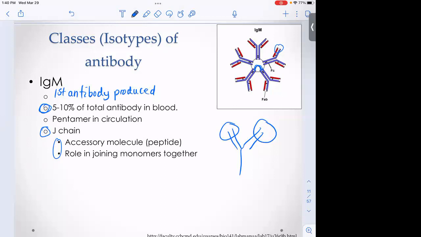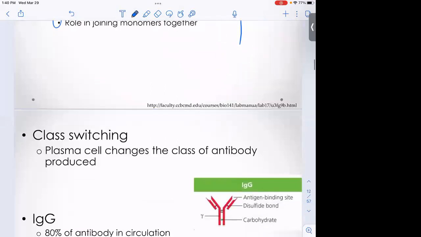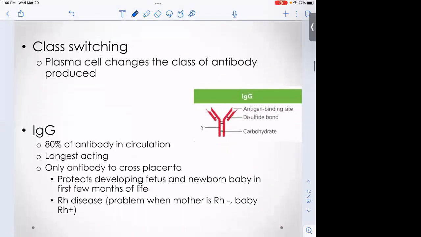Okay, so we have a plasma cell that's secreting these antibodies. At some point, it will get some cytokine signals and it will change the antibody that it's producing. So we call that class switching.